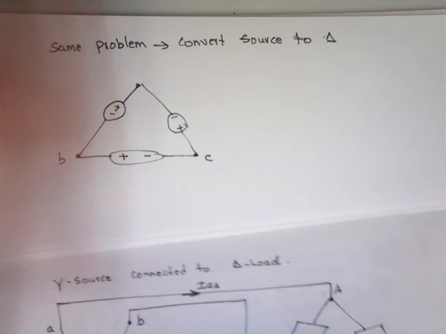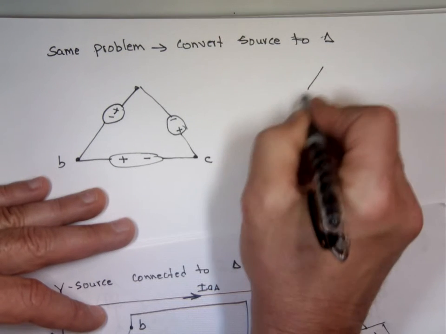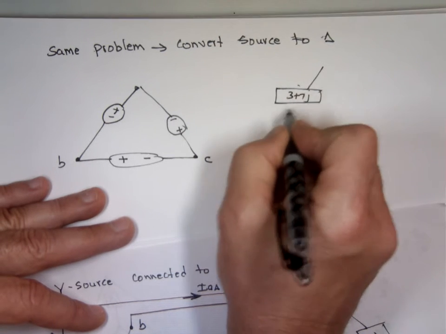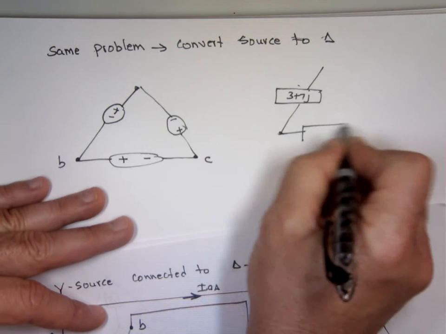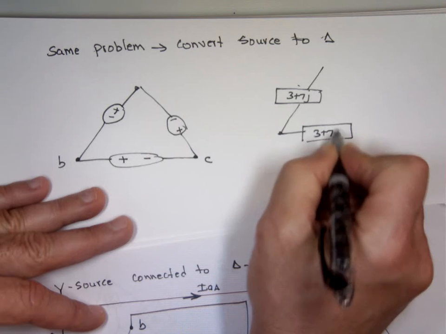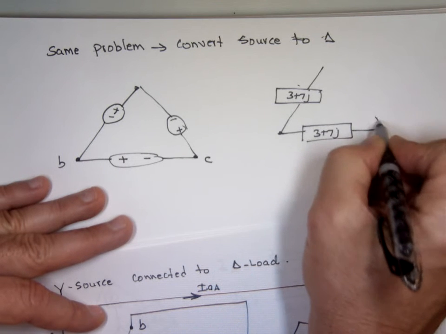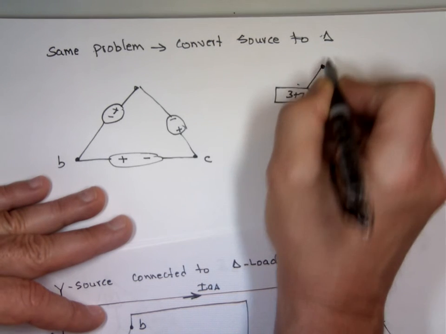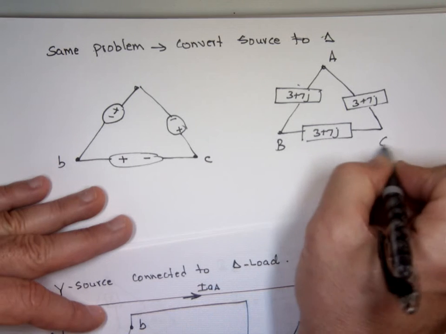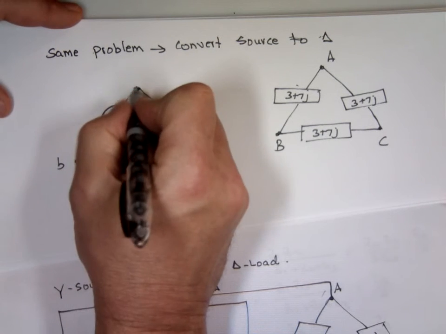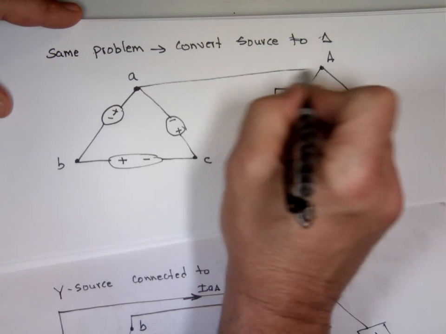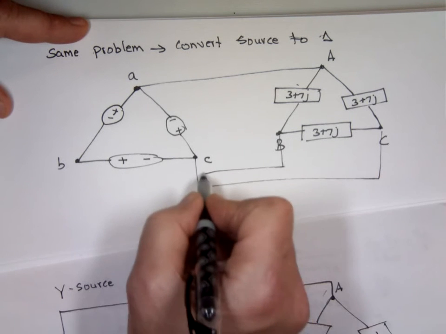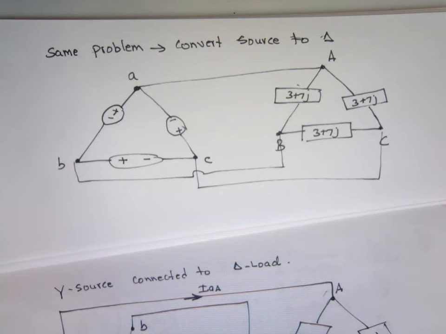Here we go. 3 plus 7j, 3 plus 7j, 3 plus 7j. This A will be attached to A. This C will be attached to C. And this B will be attached to B. Like that.